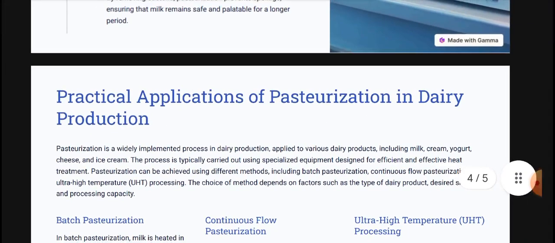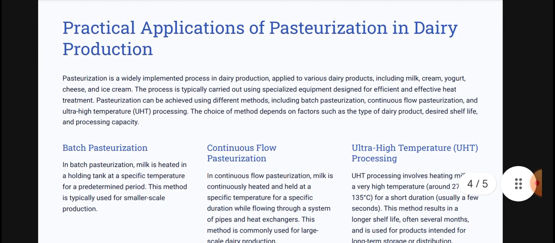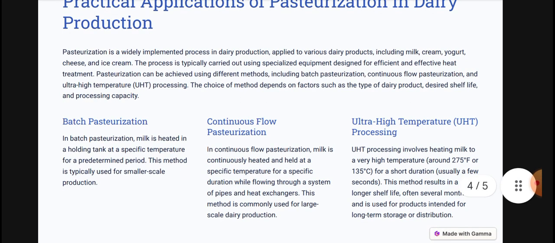So what are the practical applications of pasteurization in the dairy industry? Pasteurization is a widely implemented process in dairy production, right? Not only in milk but also in dairy products like cream, yogurt, cheese, and even ice creams, right?